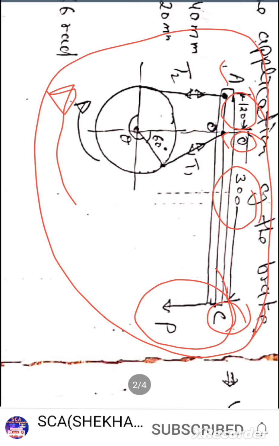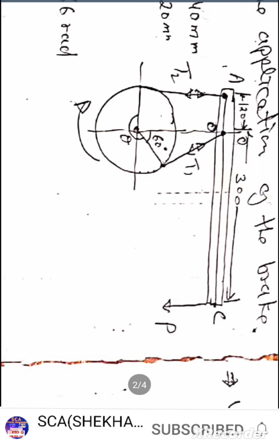So the angle between the perpendicular to the disc and the direction of T1 is 60 degree. For the angle of lap theta, T2 will attach to the wheel at this point and T1 will attach at this point.